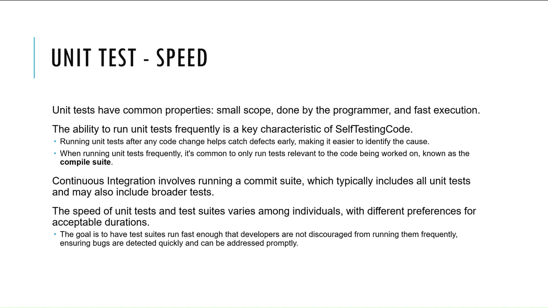The speed of unit tests and test suites varies among individuals, with different preferences for acceptable durations. The goal is to have unit test suites run fast enough that developers are not discouraged from running them frequently, ensuring bugs are detected quickly and can be addressed promptly.